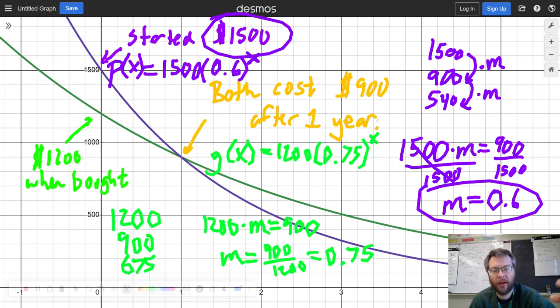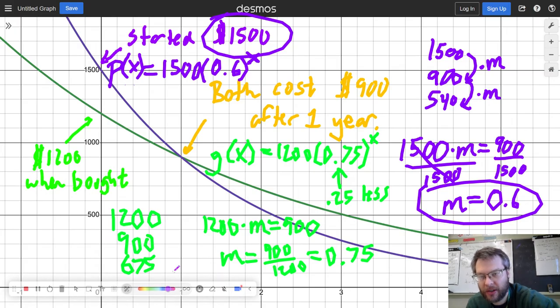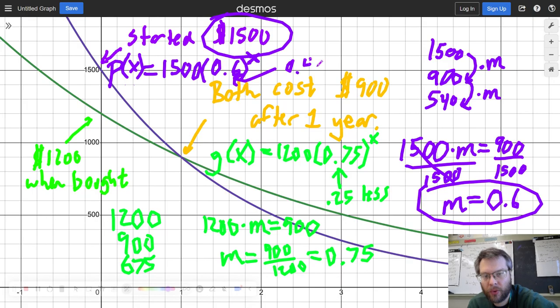We're thinking about how far away from 1 it is. And if you think about it from that perspective, the multiplier of 0.75 is 0.25 away from 1. So this is 0.25 less than 1. Whereas the purple function, 0.6 right there, is 0.4 less than 1.